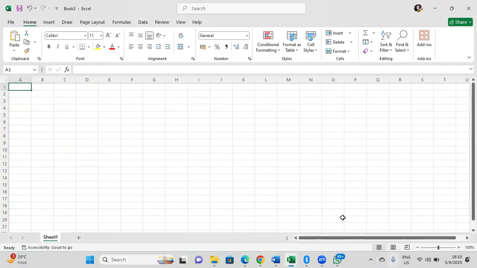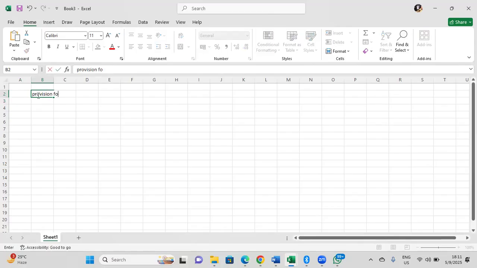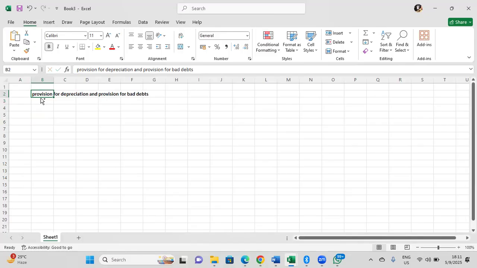Depreciation and provision for bad debts. That's today's discussion. Provision for depreciation and provision for bad debts. Today we want to talk about the provision for depreciation and the provision for bad debts.